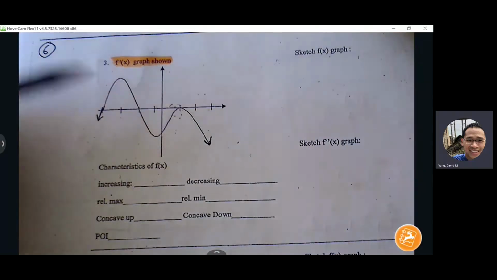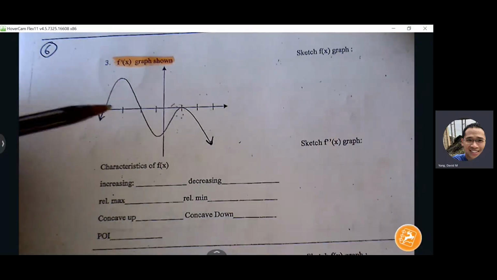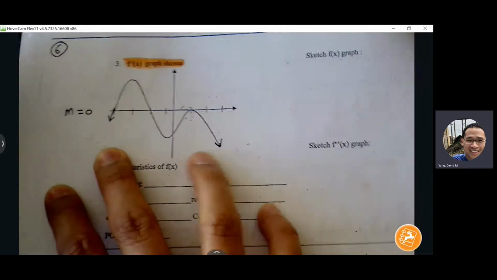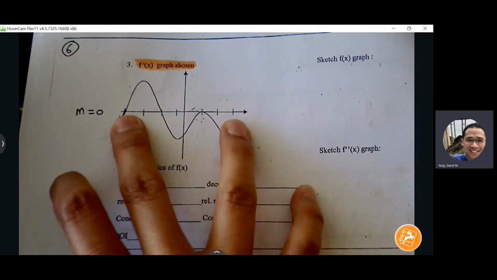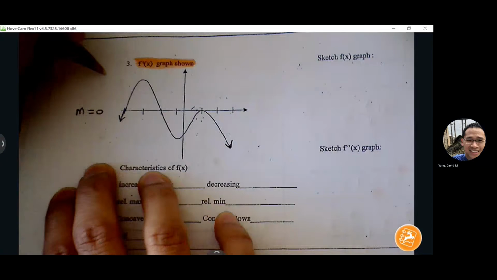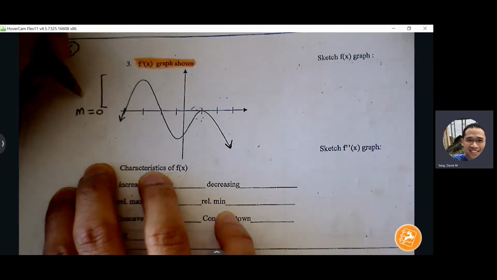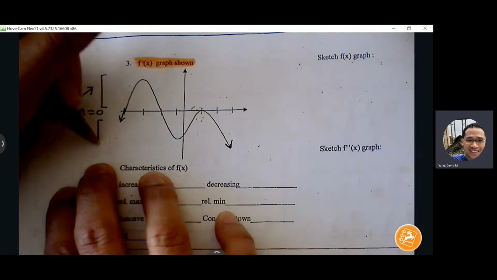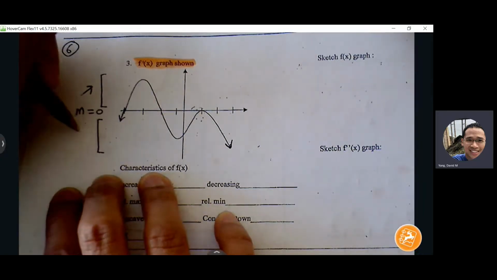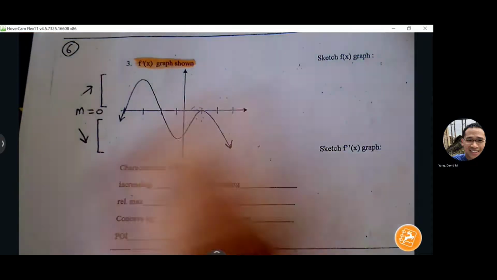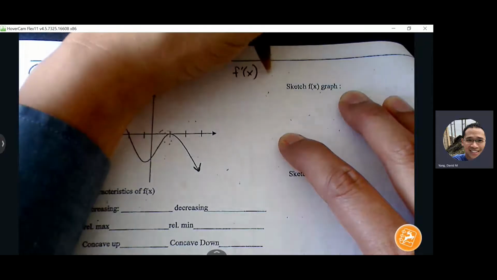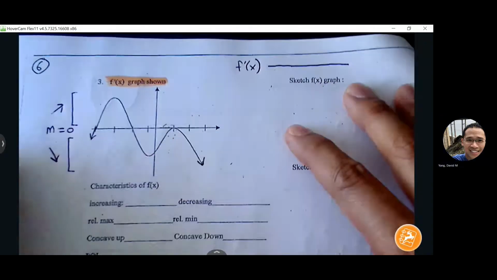Okay, so to help us remember what we're looking at, we're going to go ahead and just label the parts that are important. Anything on the x-axis is where my original graph is going to be experiencing slope 0. Anything above the x-axis is where my original graph is going to be experiencing positive slope. Anything below the x-axis is where my original graph is going to be experiencing negative slope. So we start off with our slope zeros, and we're going to create our slope sign line.